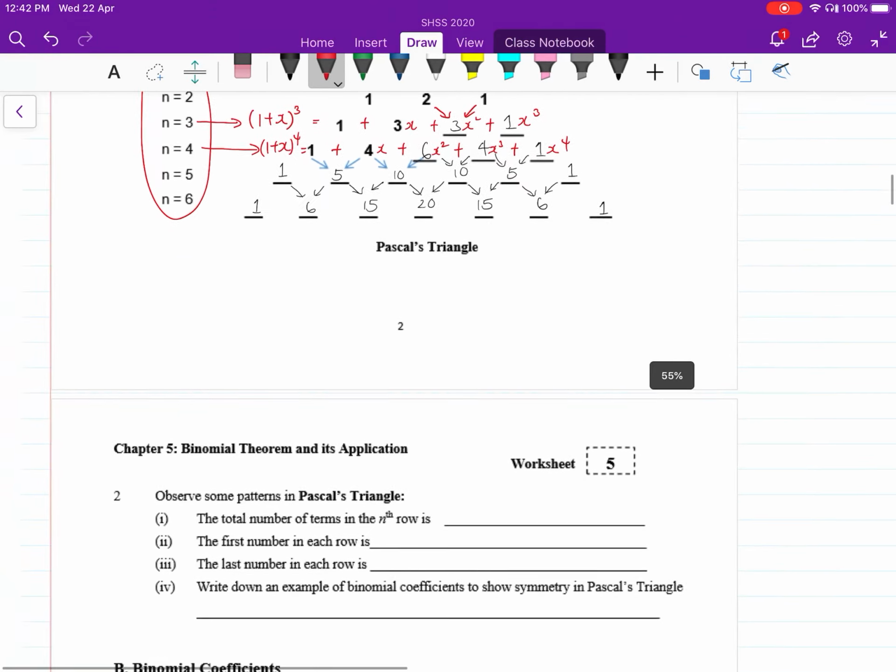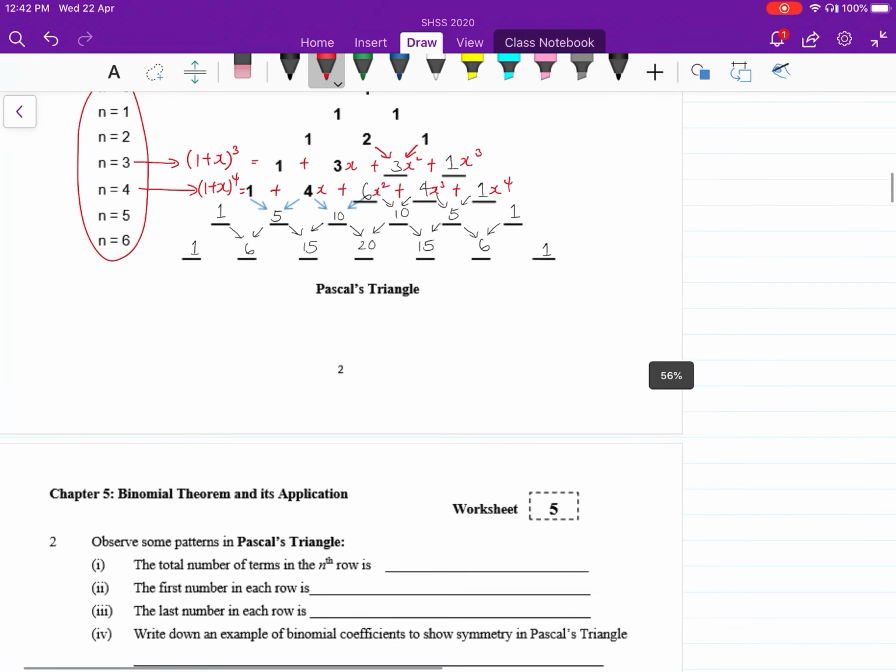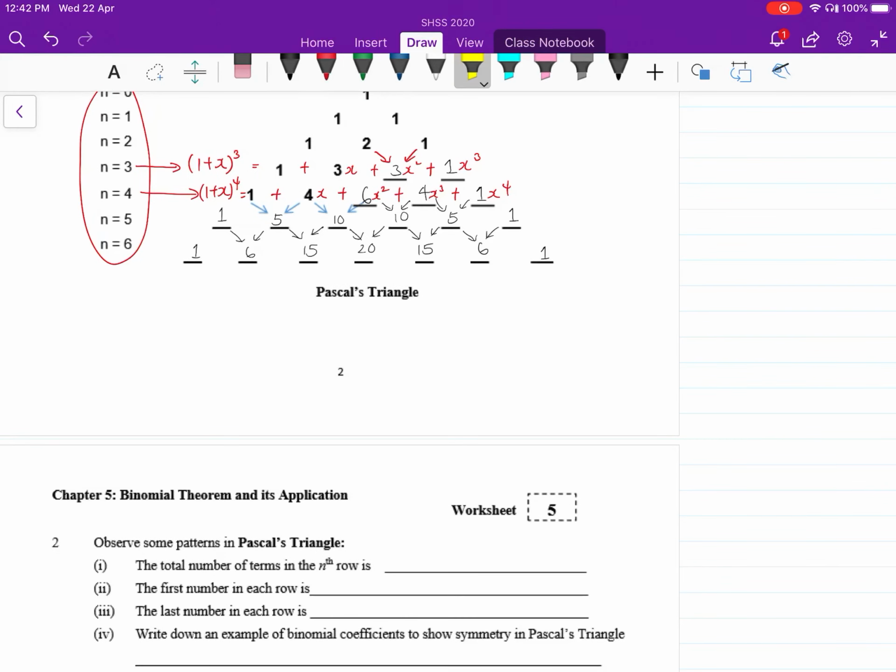Now, we are supposed to observe some patterns in the Pascal triangle. If you notice, if I have power 3, I have 1, 2, 3, 4 terms. If I have power 4, I'll have 1, 2, 3, 4, 5 terms.